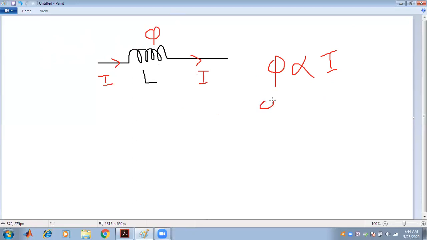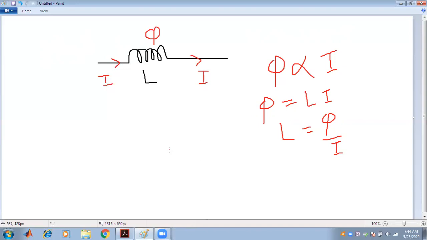So if I omit the proportionality constant, we get a proportionality constant L, that is known as inductor or inductance, and L is phi by I. This is the equation of L, the conception of inductor or inductance.